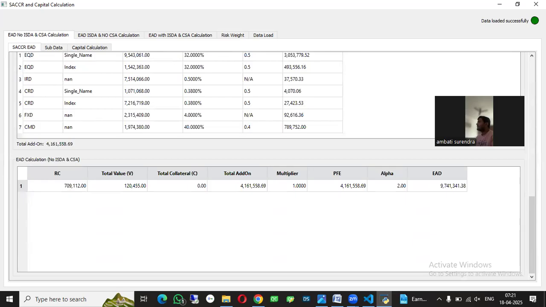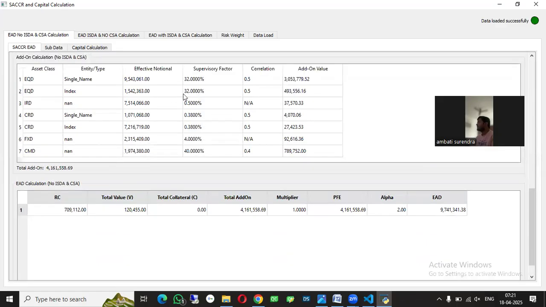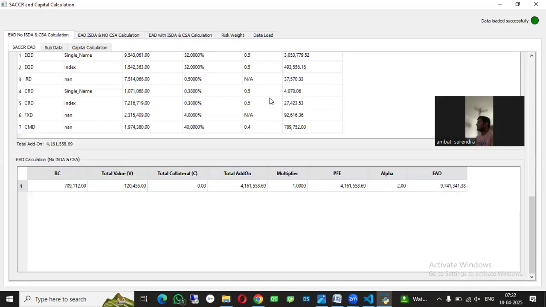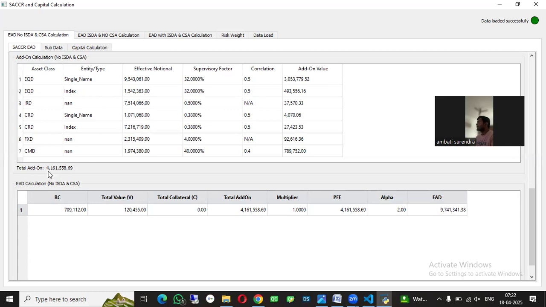So the add-on calculator is the process of computing the potential future exposure for a netting set of derivative trades. Once we calculate the add-on for each asset class, it provides you the total add-on. That is what we discussed earlier: EAD is simply alpha times replacement cost plus potential future exposure.